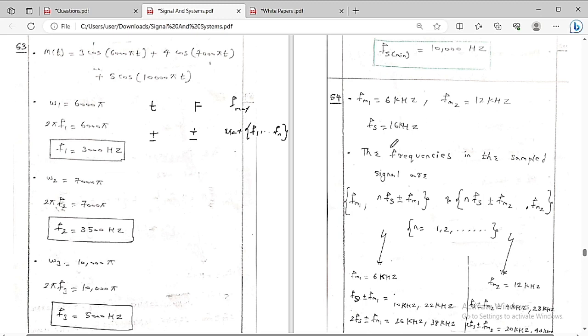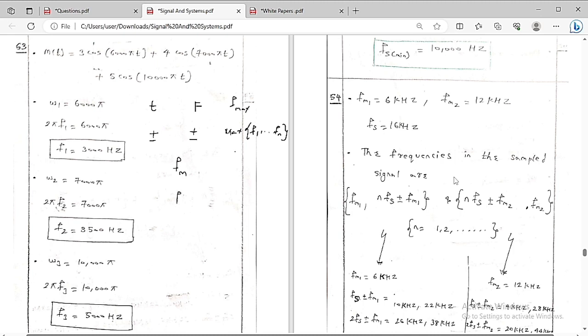And the signal is now sampled with a sampling frequency of 16 kilohertz. Then what are the frequencies which are going to be present in a sampled signal? I have already told you the general formula. Suppose there is a message signal with frequency FM.